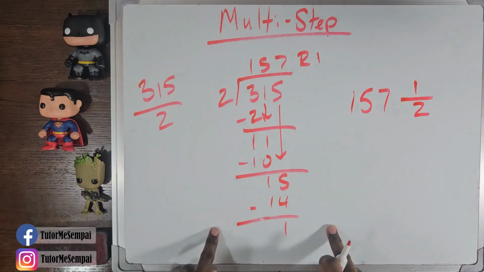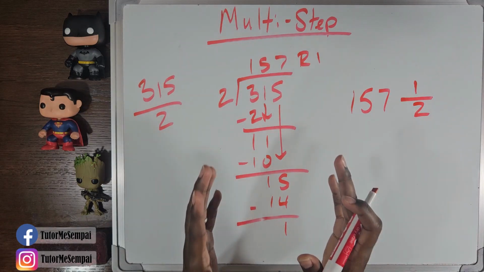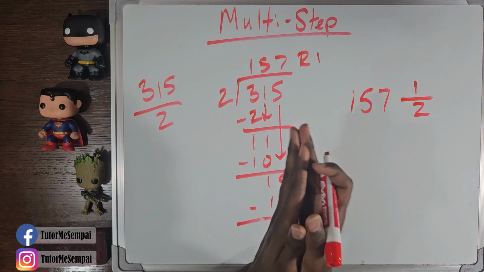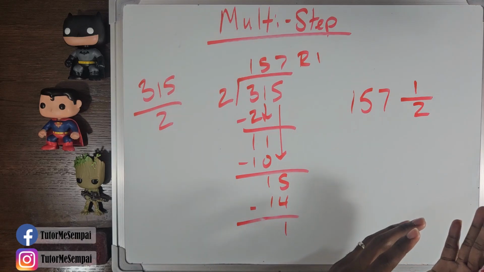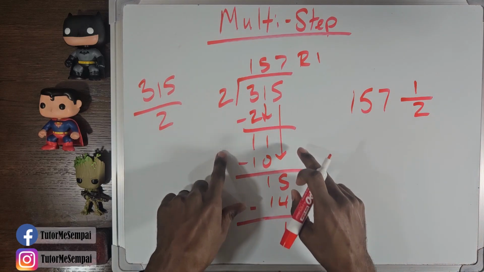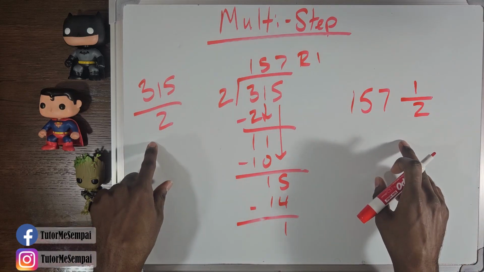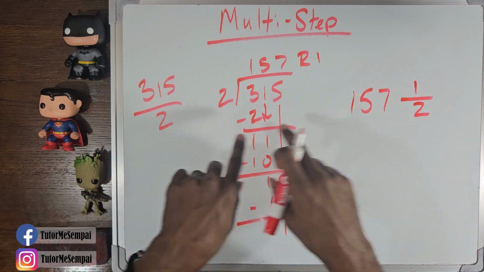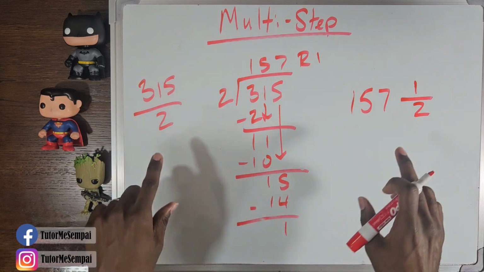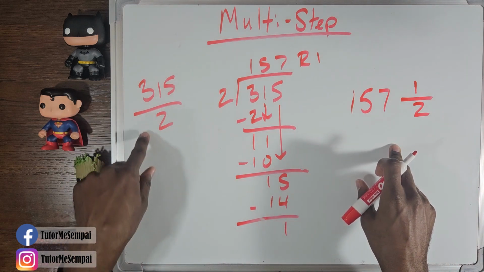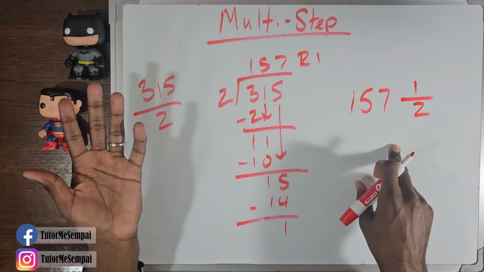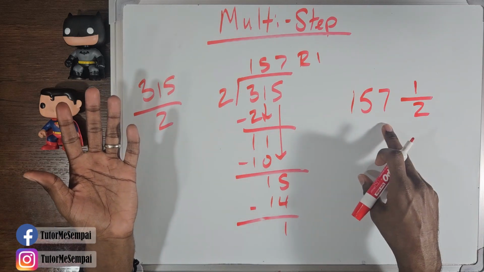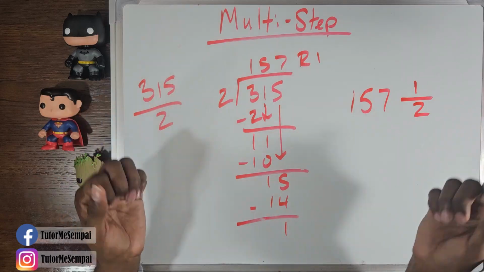Now, I didn't spend much time on this because that's not the goal of this video. If you need help, once again, there are other videos on this channel that show you how to do long division like this. But I want you to understand that if you know how to do your long division, going from here to here is fairly simple. 315/2, your improper fraction, turns into 157 1/2, your mixed number.